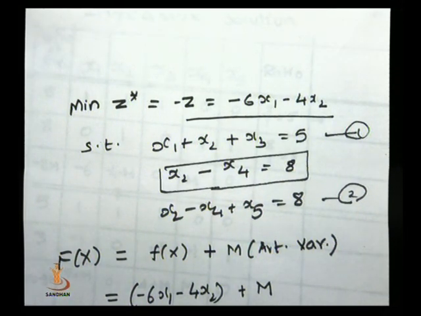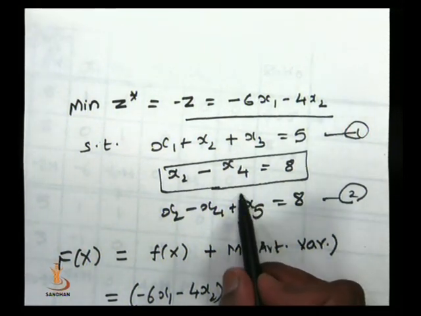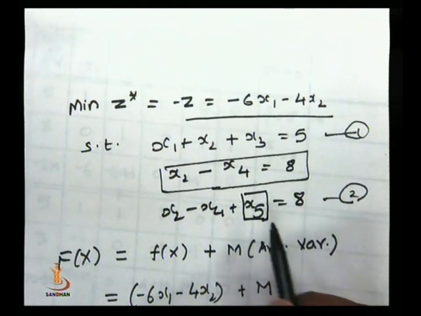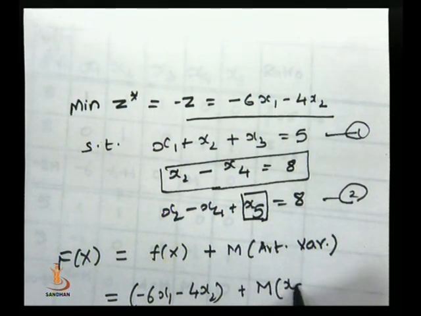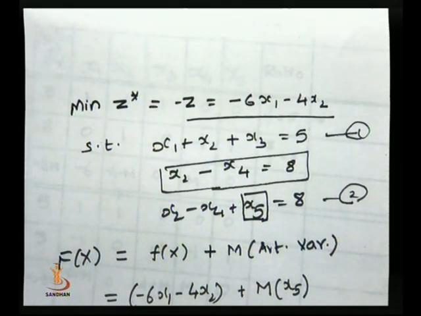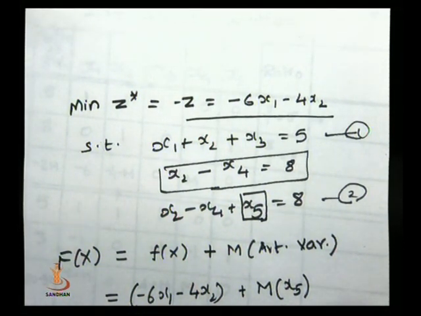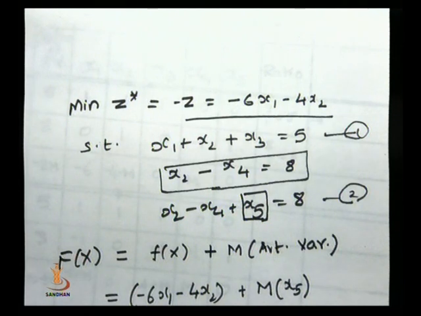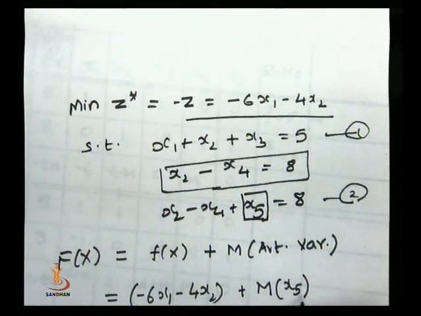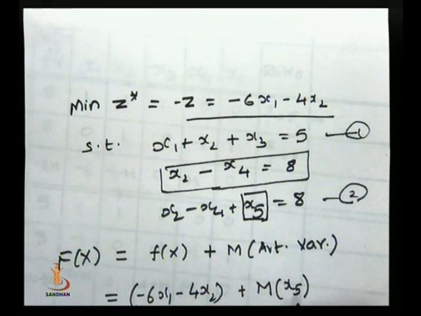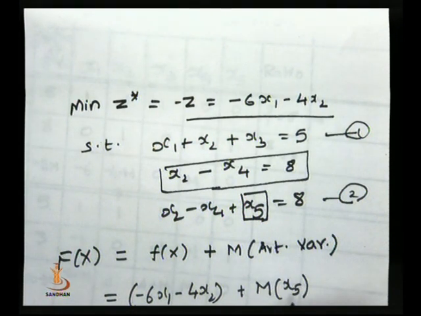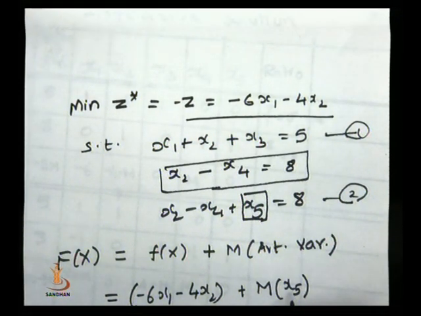What is the artificial variable introduced in these two equations? This x5 is artificial variable. So I write x5 here, plus M into x5. But remember, this artificial variable should be expressed in terms of the non-basic variables. Artificial variable in this case will be a basic variable in the initial simplex table, so it should be expressed in terms of non-basic variables.